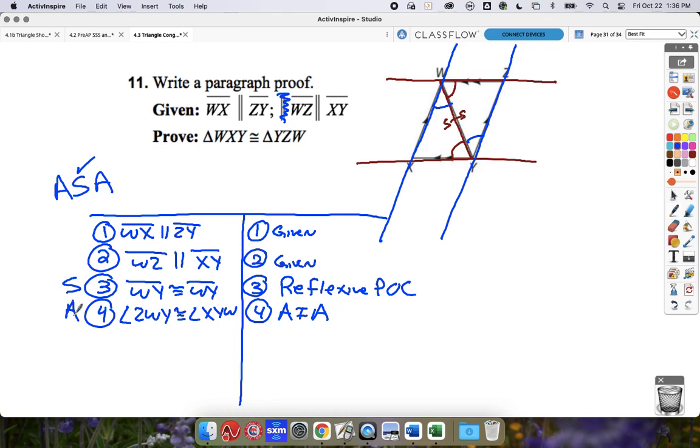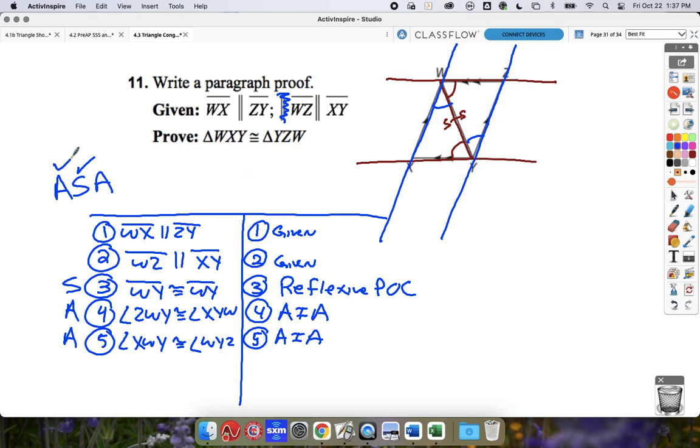So now we've got to do the same thing. Angle XWY is congruent to angle WYZ. Can you do another angle statement? Yes.